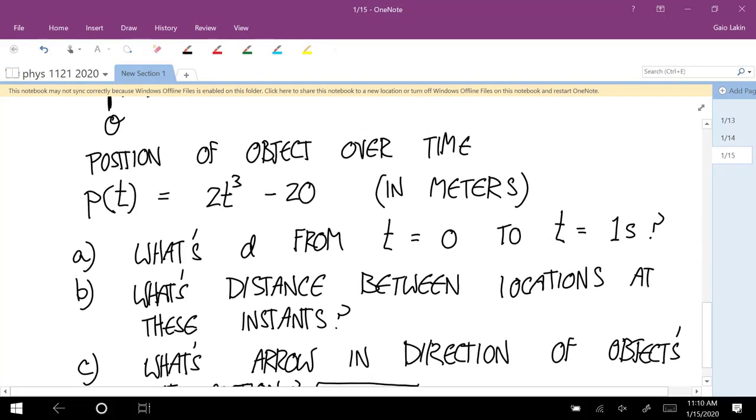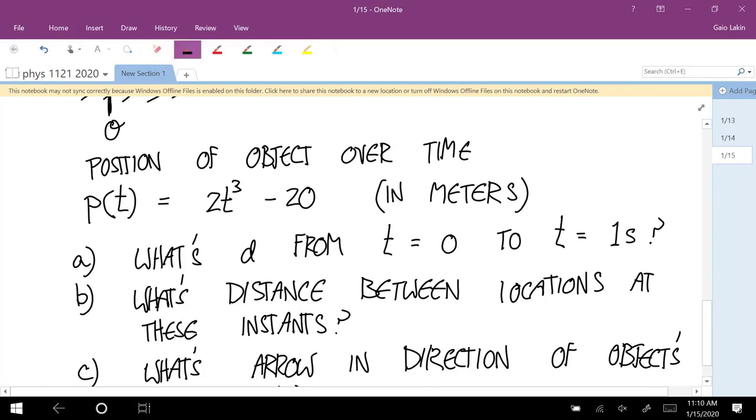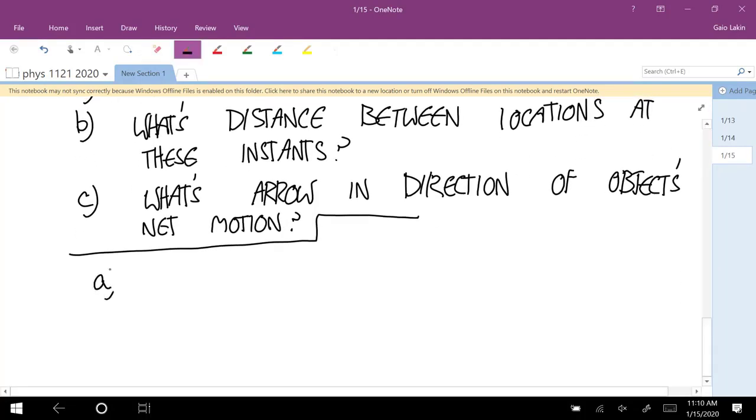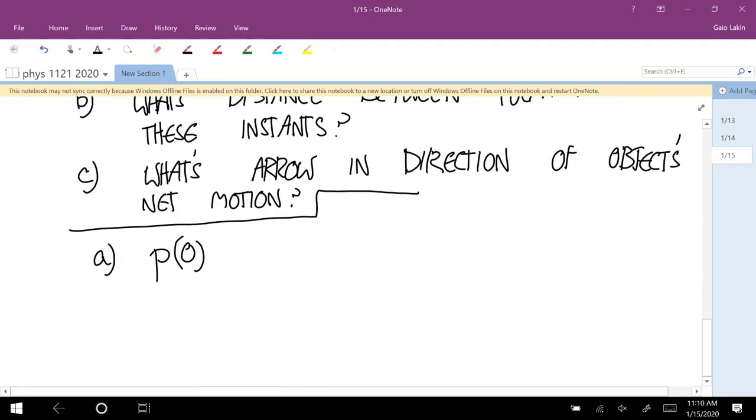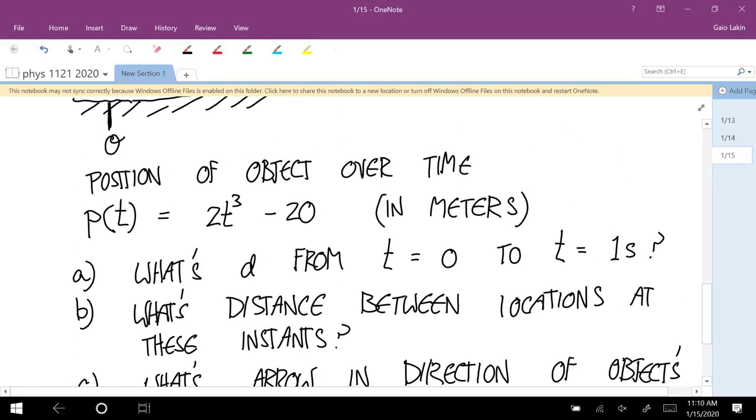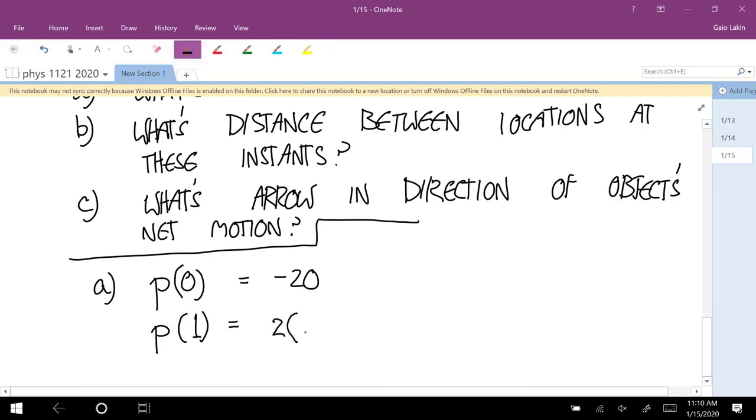Okay, so to figure out the displacement, we have to figure out the position at these two instants. So the position at time equals 0 is 0 cubed times 2 minus 20, so negative 20. The position at time 1 second is 2 times 1 cubed minus 20, so negative 18.